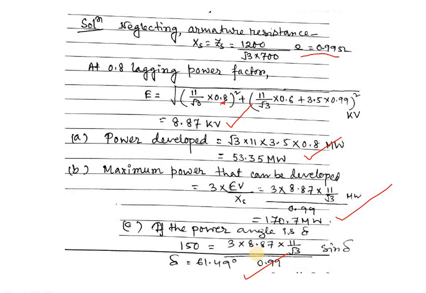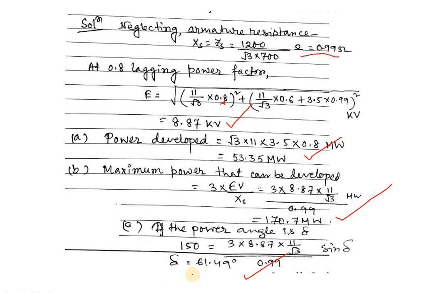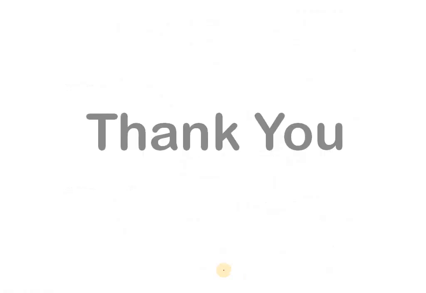That is, 3 EV by XS sine delta is basically 150, because in this case the output power developed by the generator is 150 megawatt. So for this case we get a power angle of 61.49. This is the simplest small problem related to the synchronous machine.